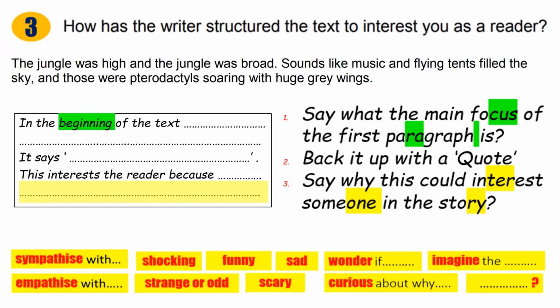So that's that last bit, thinking about why that could interest someone, and you could usefully learn these potential reasons in yellow at the bottom as part of your revision, because they pretty much fit any beginning or any end. So that's the 3 parts to making your point, evidence, explain for question 3.